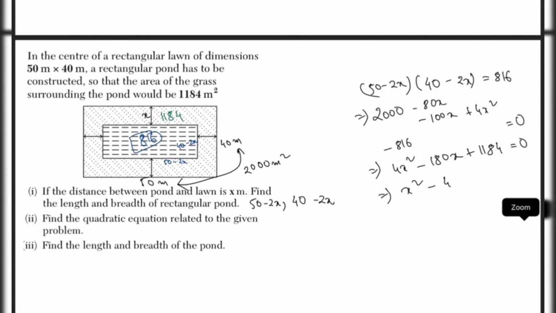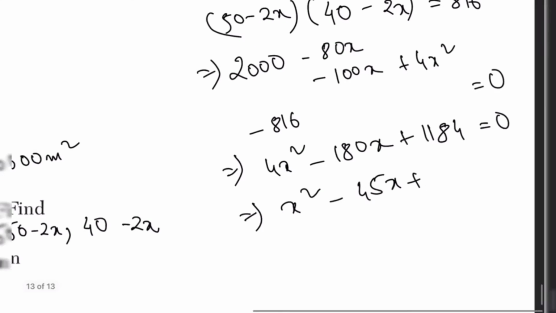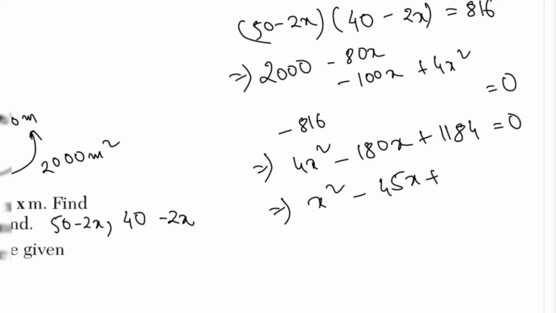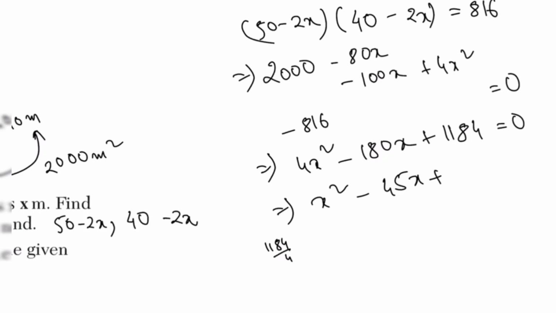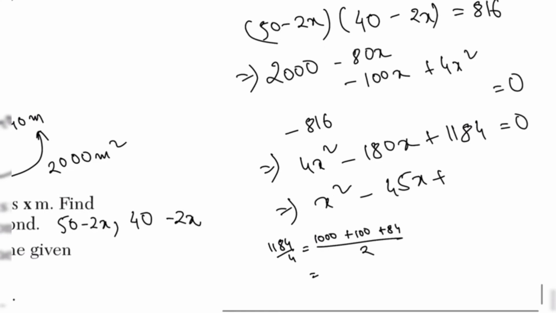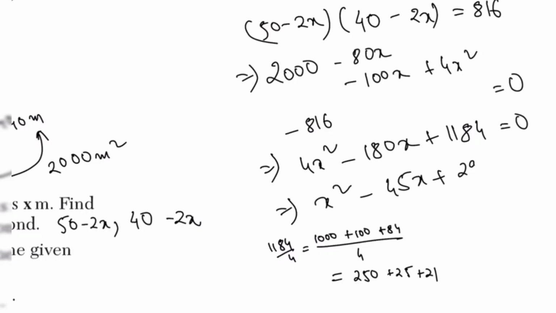So x square minus 45x plus how much is 1184 divided by 4? Okay, so we want 1184 divided by 4, which is 1000 plus 100 plus 84 divided by 4. So this is nothing but 250 plus 25 plus 21. So we have 296 here.